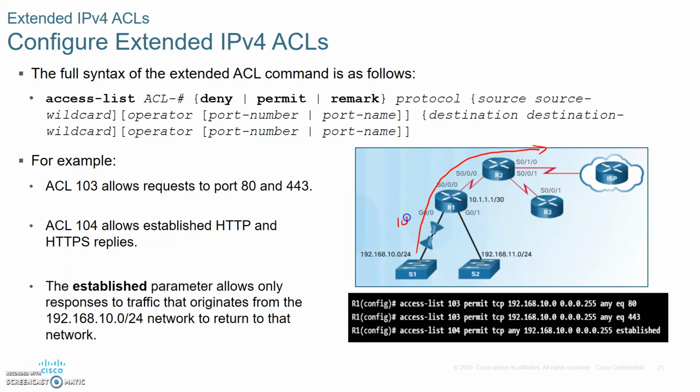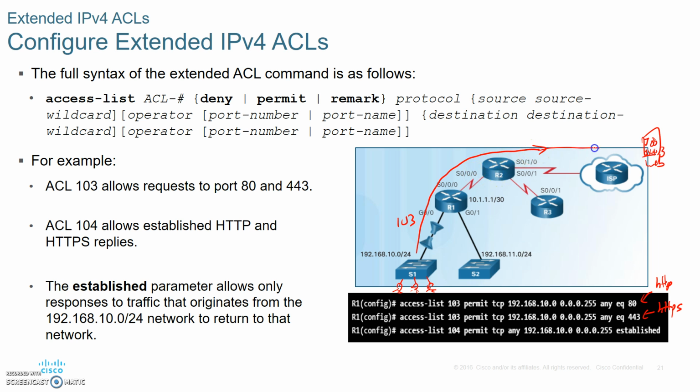For ACL 103, port 80 is obviously your HTTP. The second rule for 103 is for 443. If you remember, 443 is for HTTPS, secure HTTP. What is this rule trying to do? It allows users from this network to go to the internet to browse, to port 80 and port 443, where the web servers are. Web servers are normally open at port 80 or 443.